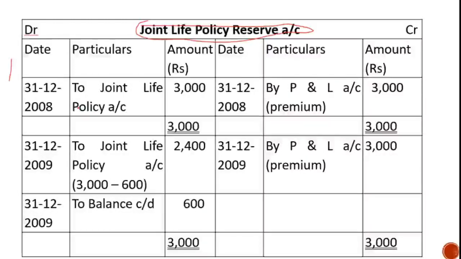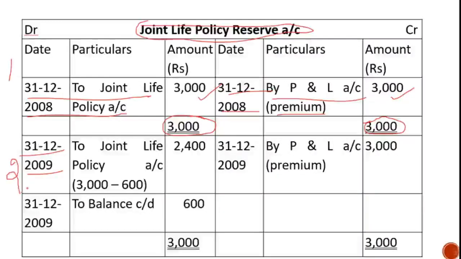It will be on the debit side at the end of the year, 31/12/2008, 3000. And at the end of the year, the premium will be charged to profit and loss account, so you record it on the credit side. At the end of the first year, no balance will be carried.